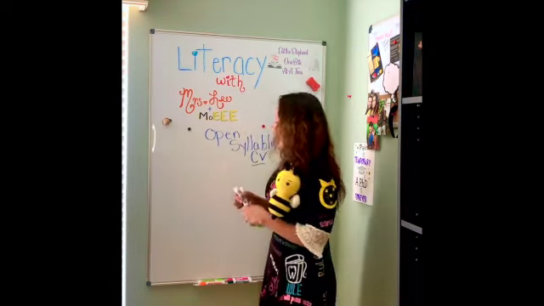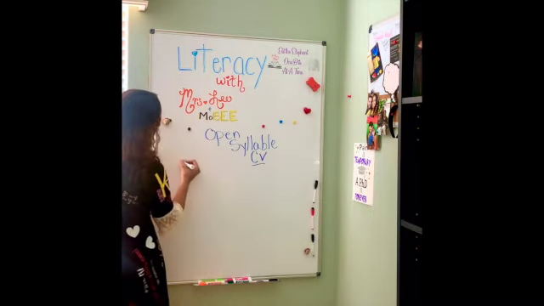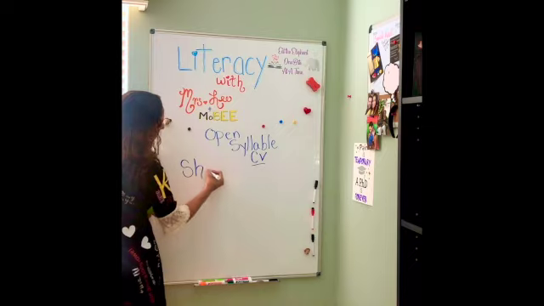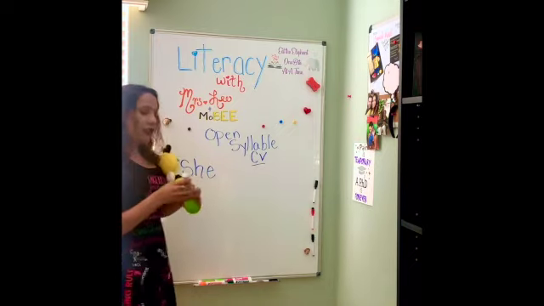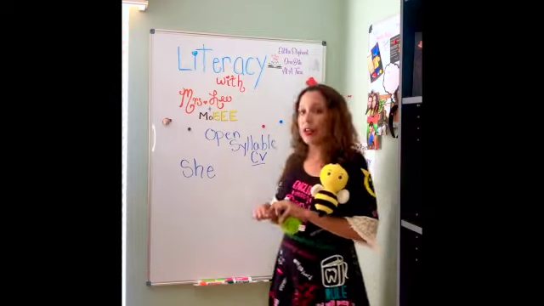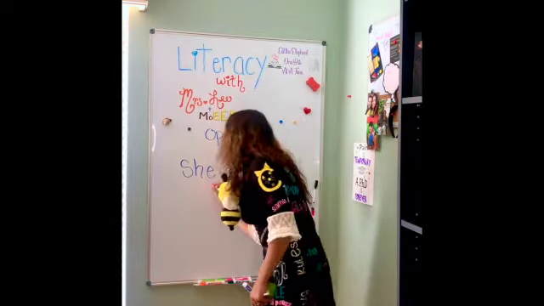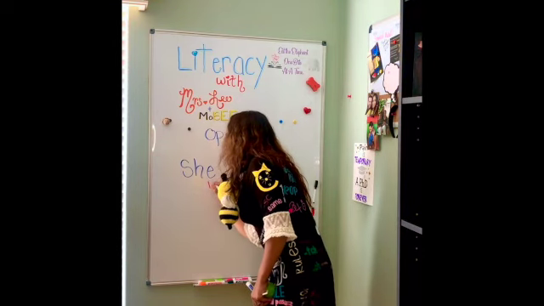Our word is, let's start first by labeling. Let's locate our vowels, and we're going to put a letter. What letter are we going to put under vowel? A letter V. Good.